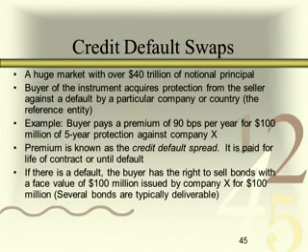So if this person loaned $100 million to a company, they had $100 million in some company's bonds, and they put insurance on it, the company goes into default, they have the right to sell this $100 million worth of bonds to the insurance company. And then it's up to the insurance company to go and try to recover what they can, put them on the open market, whatever.